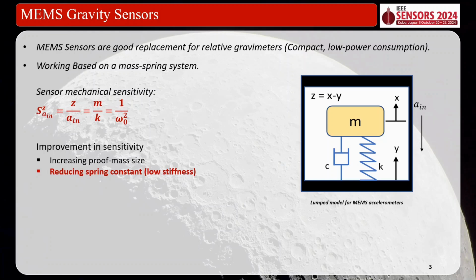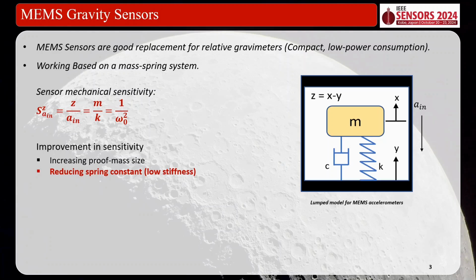MEMS accelerometers work based on mass spring systems, and one of the most important parameters in an accelerometer is the mechanical sensitivity. To improve this parameter, one can increase the mass of the proof mass or decrease the stiffness.